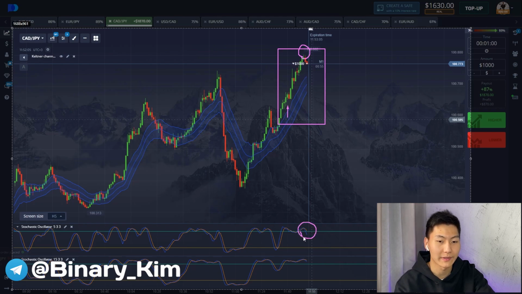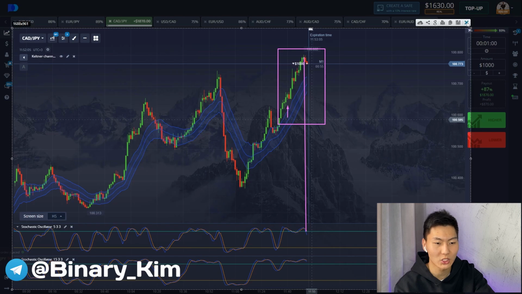And here the stochastic comes in. We see the crossing of the overbought zone from the top down. And we open a short position because of that. Let's point out the symmetry. That's why we open the short position.